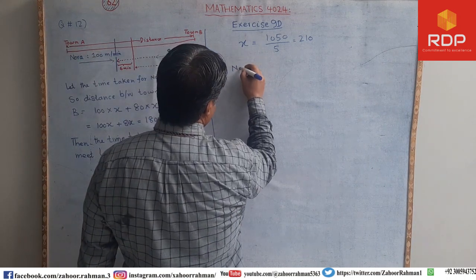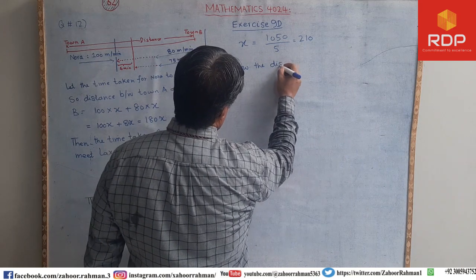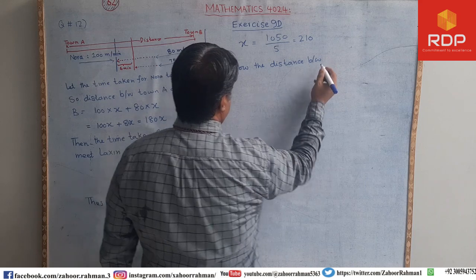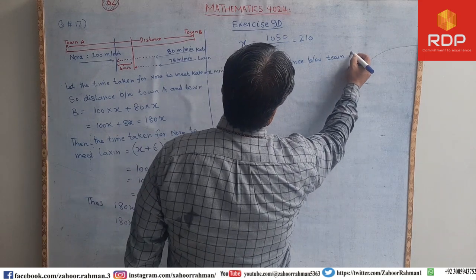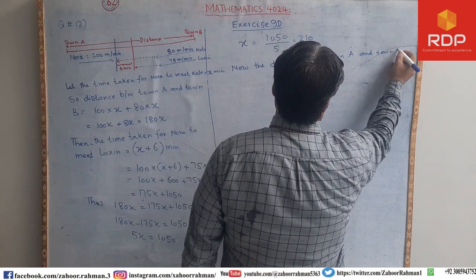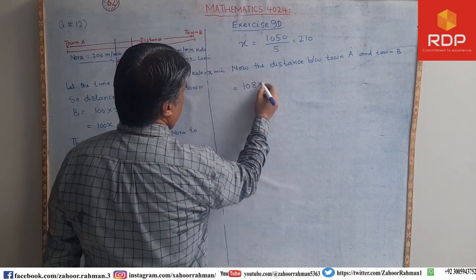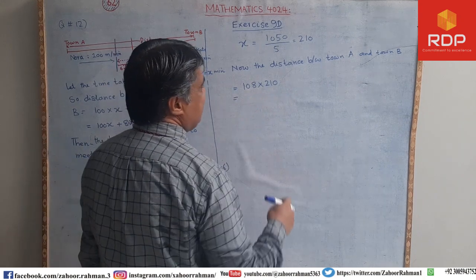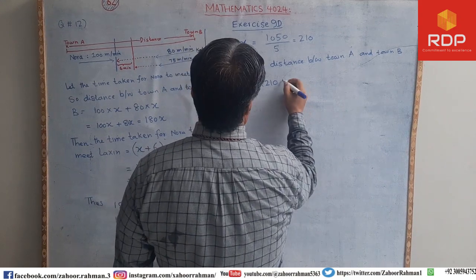Now the final step. The distance between town A and town B is equal to 180 multiplied by 210, and that will be in meters.